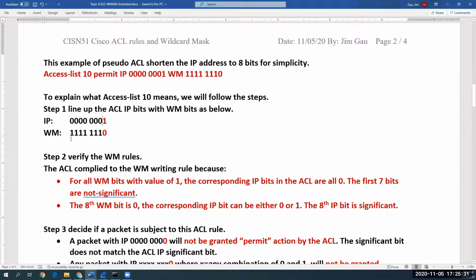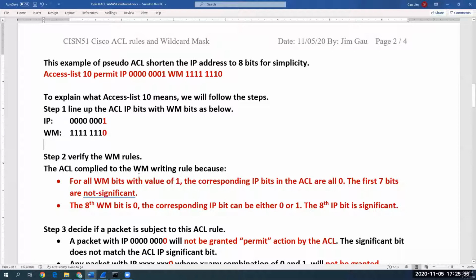The other rule is that if your WM bit is 0, like this one here, your IP bit, according to what we have discussed, can be either 1 or 0. So we put a 1 here in this case as an example.